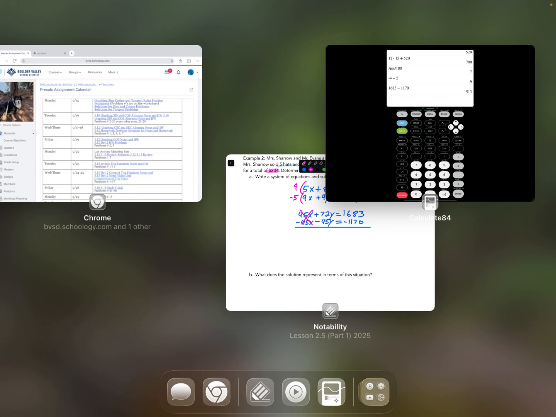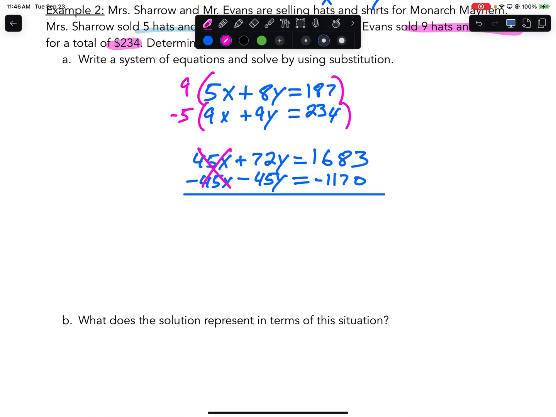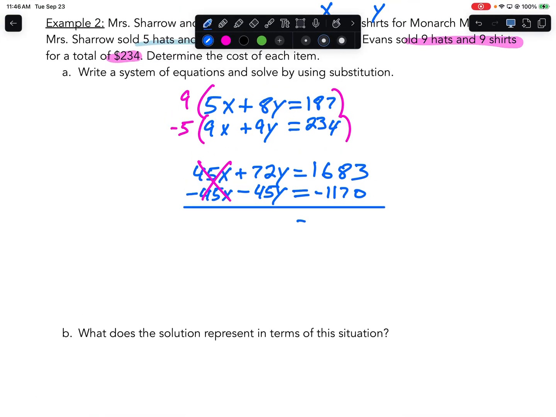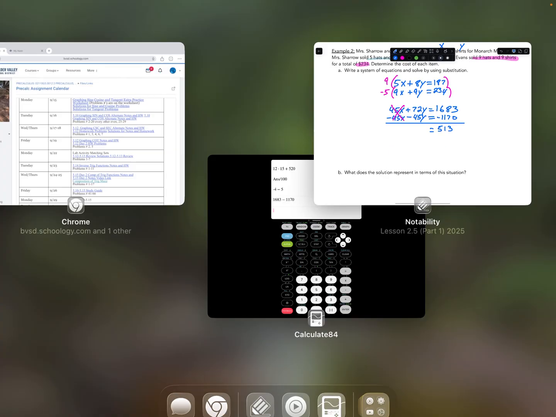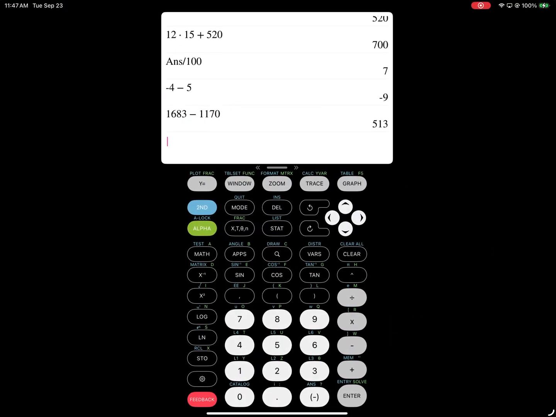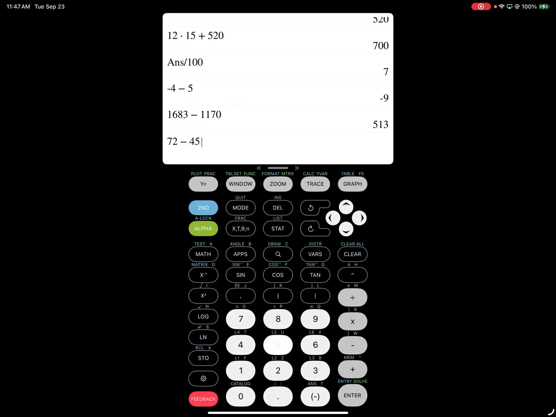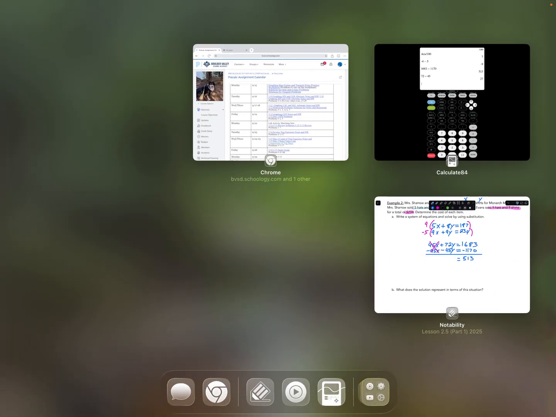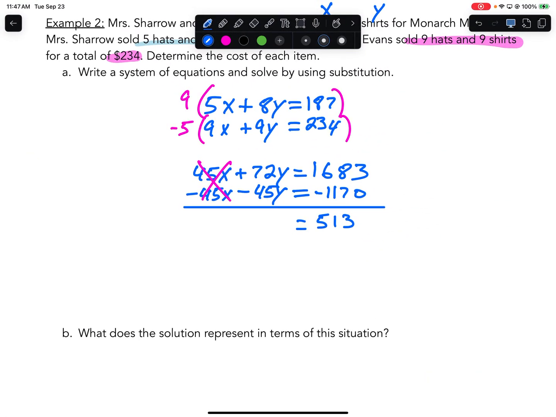Equals 513. So we get 513 after the equal. What's 72 minus 45? Anybody do that in their head? 27, I think. I always double check just to be sure. 27. So we get 27y.